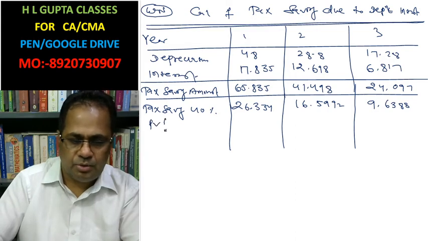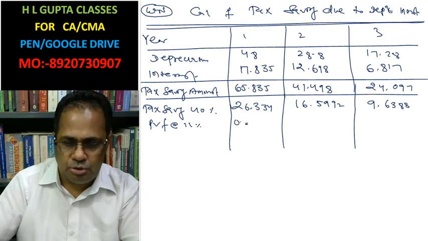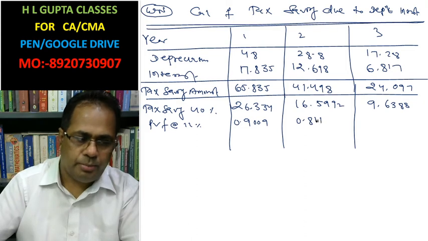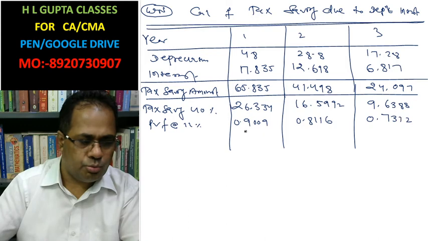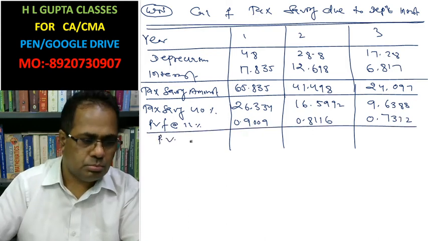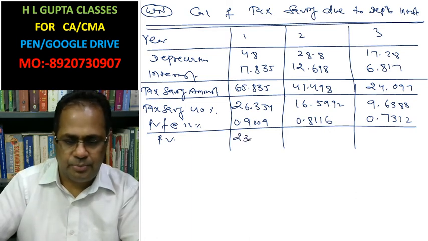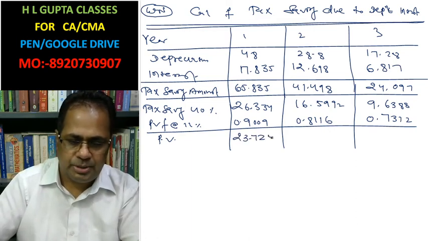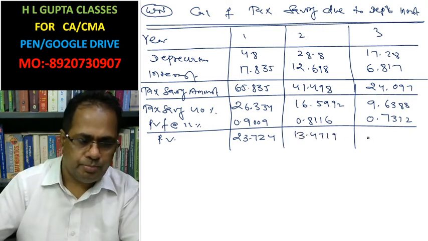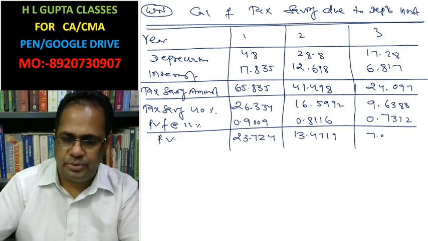This is the present value factor at the rate of 11%: 0.9009, 0.8116, 0.7312. Now present value: 23.724, 13.4719, 7.0478.